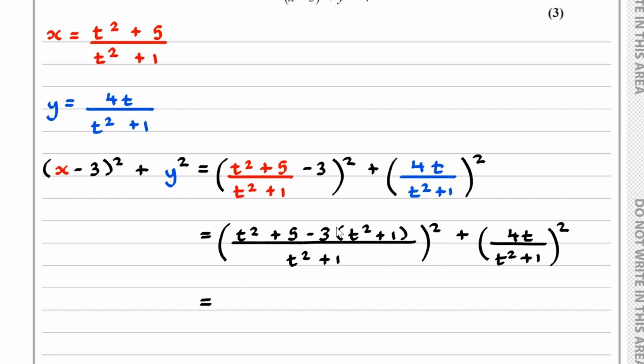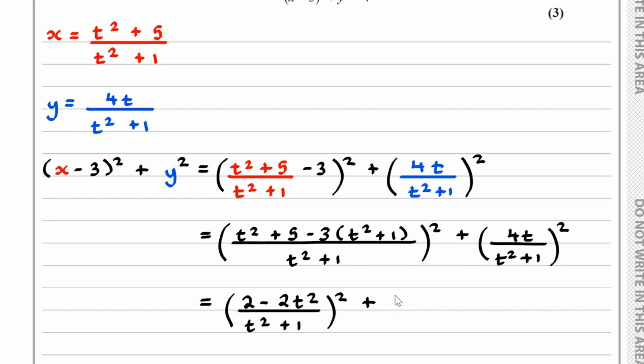T squared minus 3t squared will be negative 2t squared, and then the 5 minus the 3 is 2. So we've got 2 minus 2t squared over (t squared plus 1) all squared.